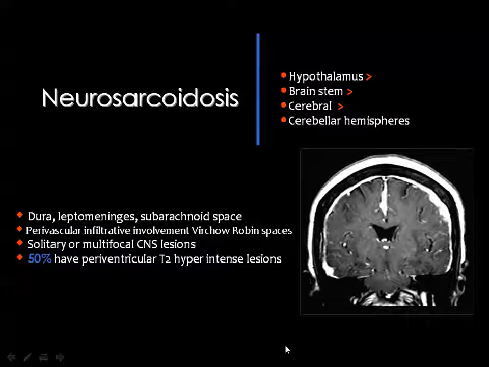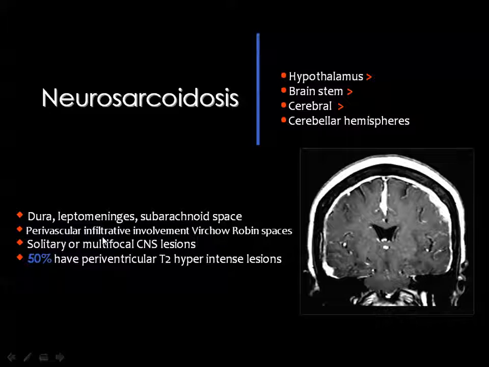While intracranially, neurosarcoid can usually affect the leptomeninges and the subarachnoid space. It can also affect the region of the hypothalamus, which is more common than affection of the brainstem, than affection of the cerebral, than affection of the cerebellar hemispheres.